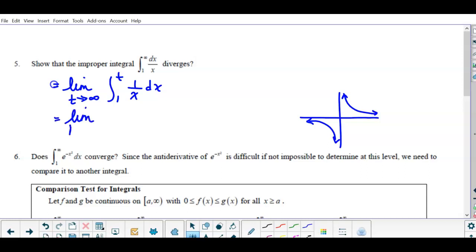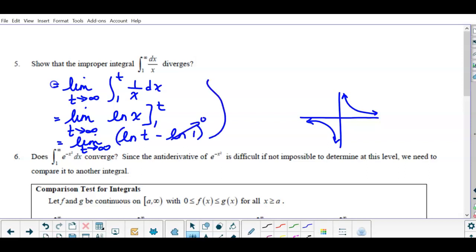So let's see what happens here. So we're going limit, t approaches infinity. That's going to be ln of x from 1 to t. So limit ln of t minus ln of 1. Well, ln of 1 is 0. So this is where you see limit t approaches infinity of ln of t.